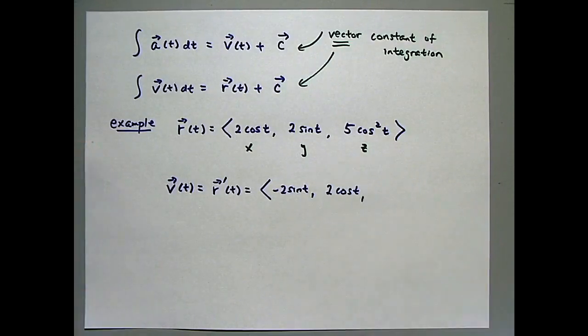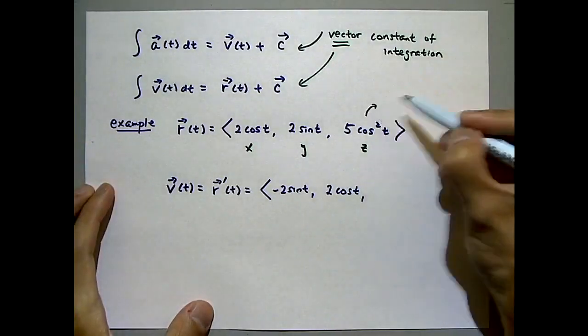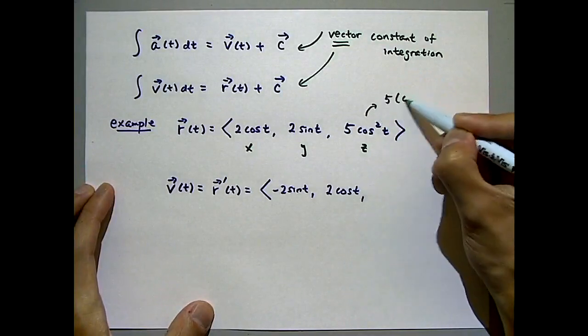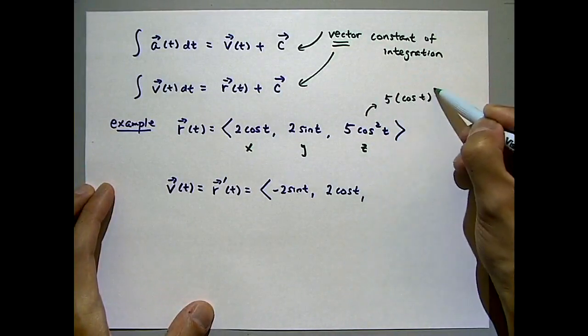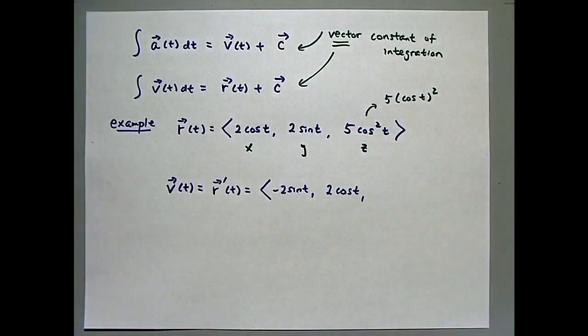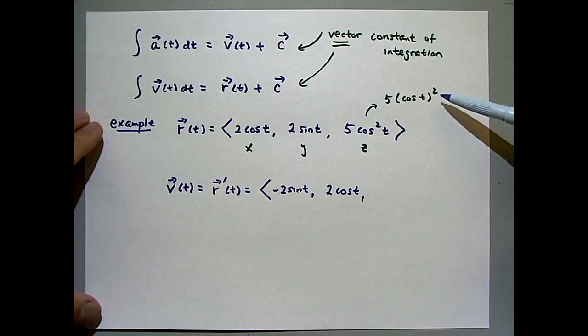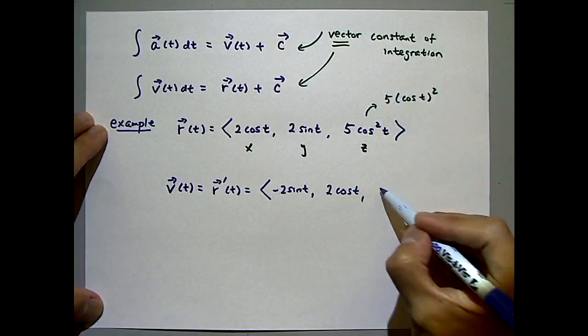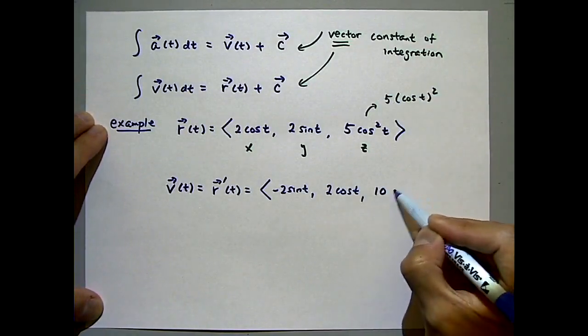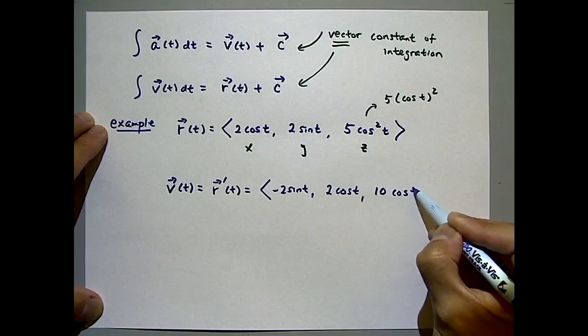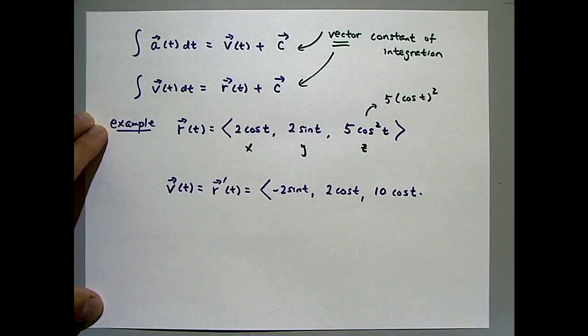How do we differentiate cosine squared? Chain rule. Yeah. So think of this as 5 times cosine t squared. When we differentiate this, we bring the 2 down, right? Times 5. Reduce the power by 1. And then the chain rule kicks in.